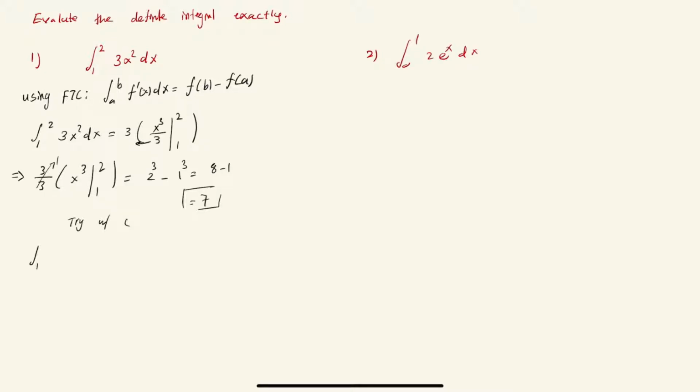Now let's try taking the antiderivative with a constant c. This is the same definite integral, 3 multiplied by the antiderivative of x squared, which is x cubed over 3 plus c1, evaluated at 2 and 1. I'm going to pull 3 out, so I multiply what's inside the parentheses by 3.